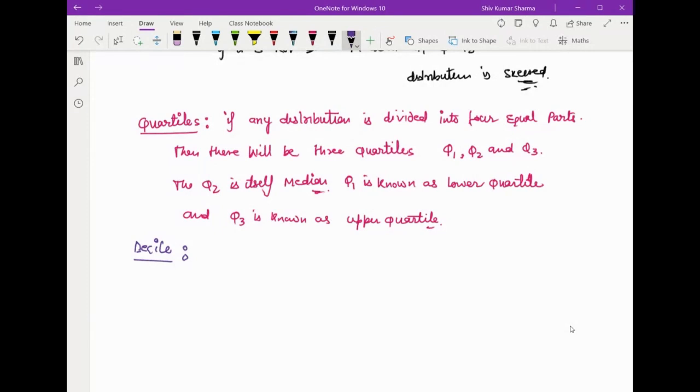Decile means that any series or distribution is divided into 10 equal parts.